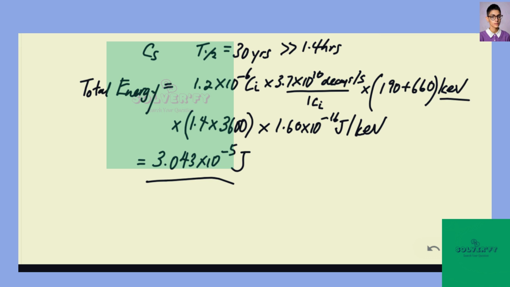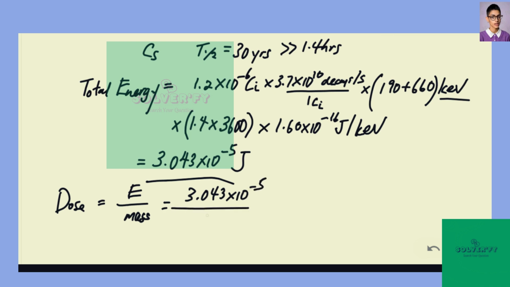Now next, we want to find what is the dose, right? And the dose in terms of energy is energy divided by the mass. We are given the mass is 62 kilograms. So this is in terms of joules per kg. But what we want is in terms of REM.